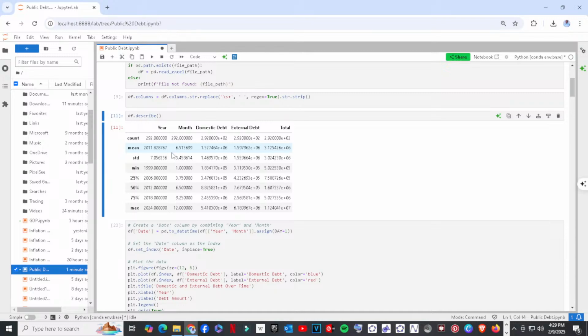Then if we get to the analysis, we find that, because these were in millions, the mean domestic debt is about 1.53 trillion.